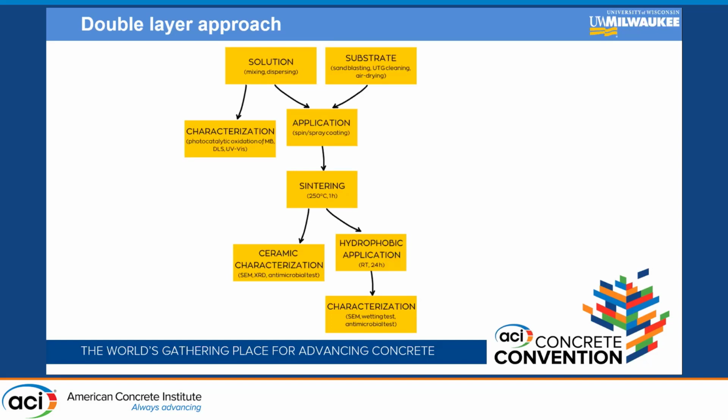What I want to emphasize here is just those characterization spots. At the very beginning, at the solution stage, we characterize the solution to see if it is suitable for further application, if it possesses some photocatalytic properties, if the particle size distribution is correct, and if we will obtain the proper properties at the end.